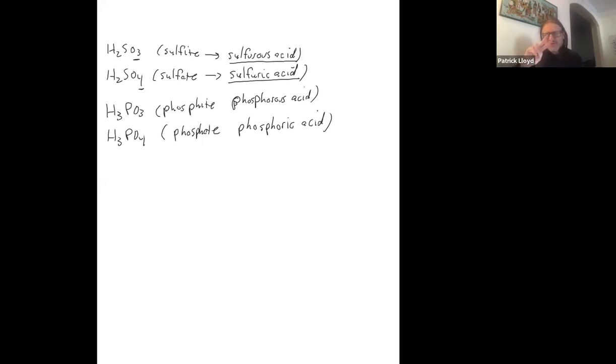So there's 2 general patterns here. One is hydrogen with a nonmetal, and then hydrogen with a nonmetal and then some number of oxygens, okay? Now you'll notice, see how this one has 2 hydrogens and this one has 3? Those occur. There are acids with 2 hydrogens, there's acids with 3 hydrogens.